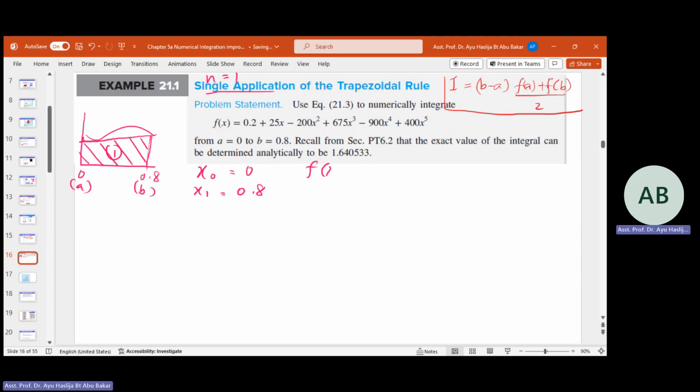Now you need to find f(x0) or f(a) using this function.